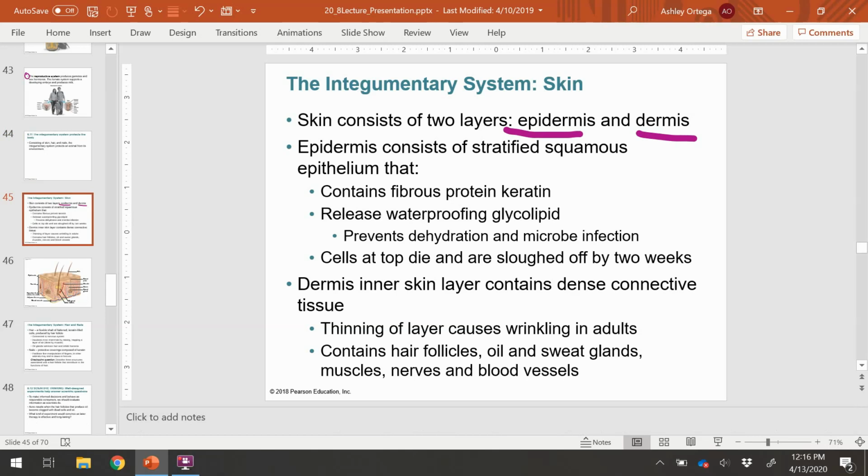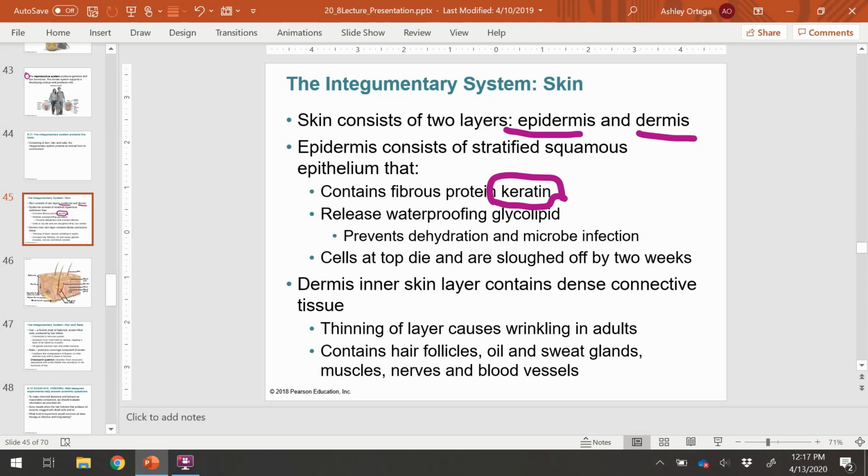And so the epidermis has a fibrous protein called keratin that's going to fill up those cells, and so that protects against drying out, which is also done by a waterproof glycolipid. And so that's going to allow for protection against dehydration and infection from bacteria.